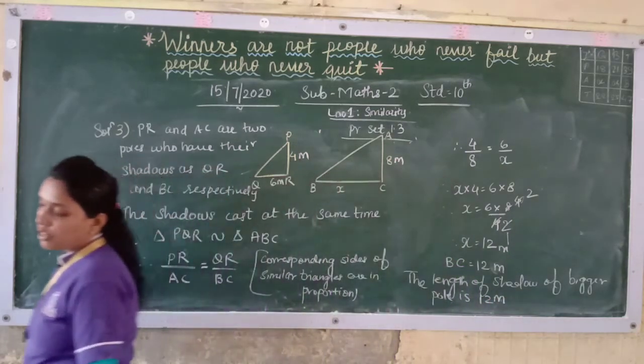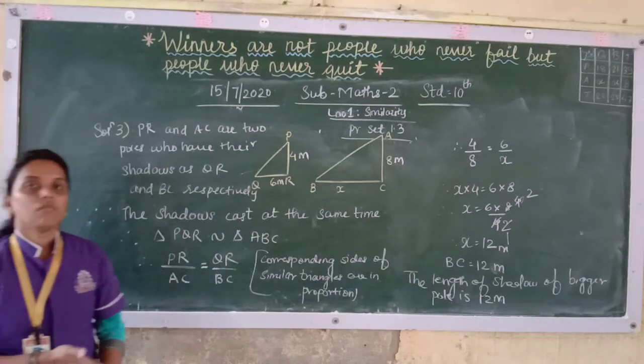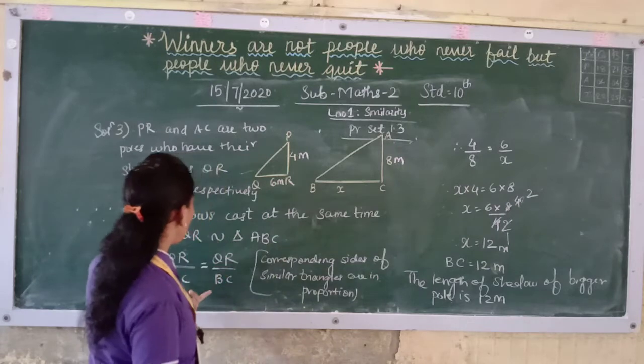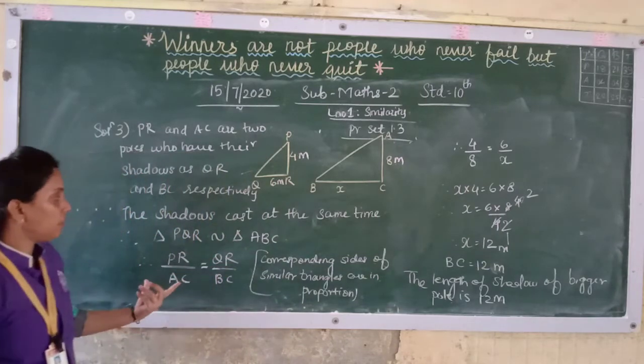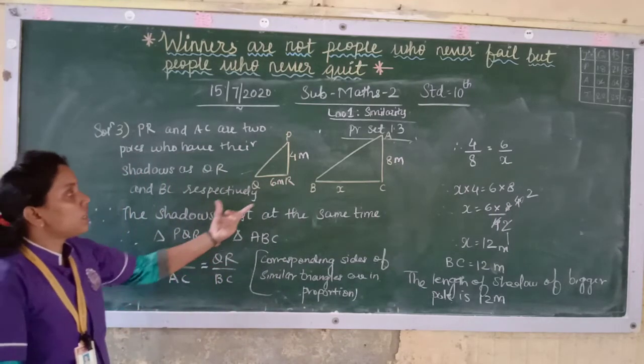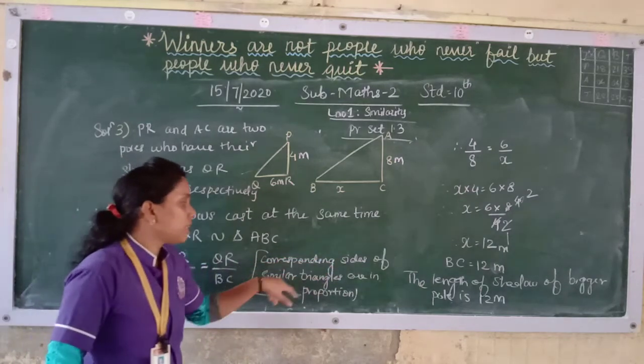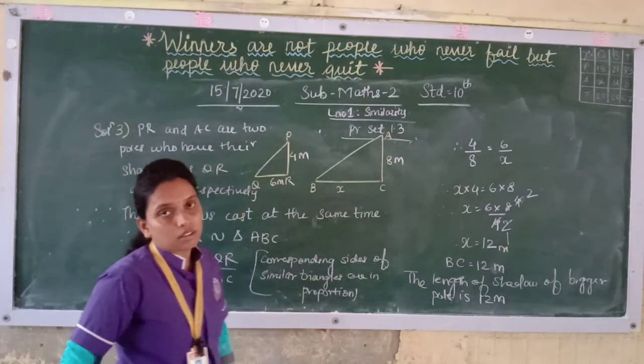So here also we use similarity. The two were similar, so the sides will be in proportion. Corresponding sides of similar triangles are in proportion.